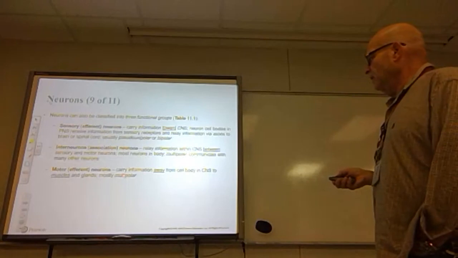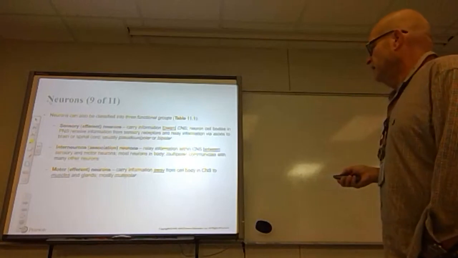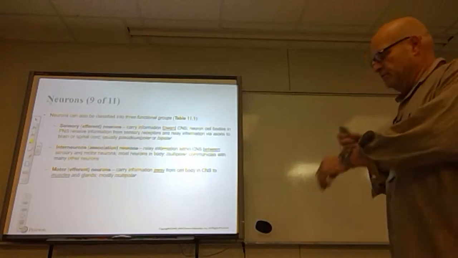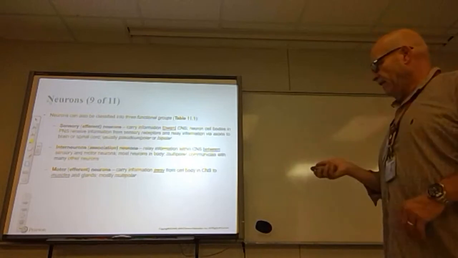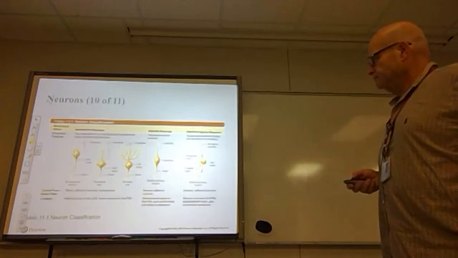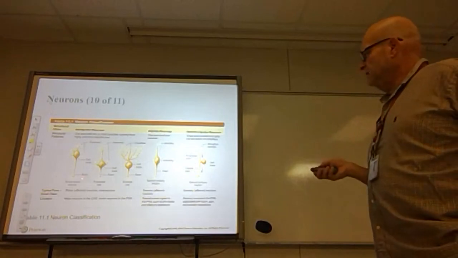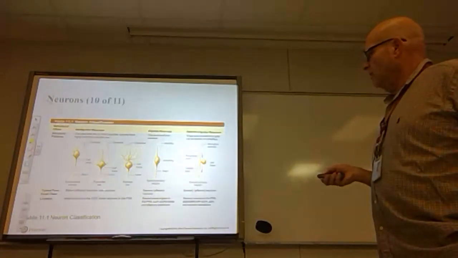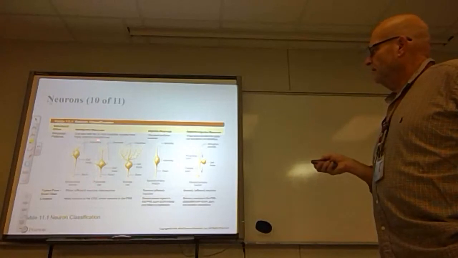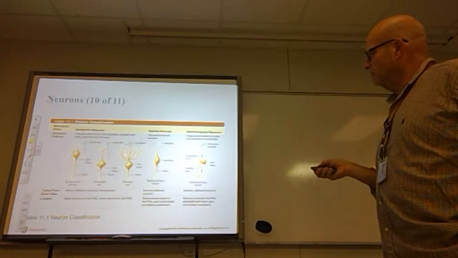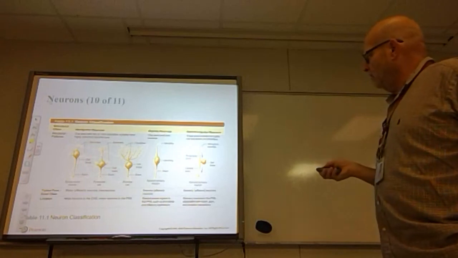And the motor or efferent neurons carry information away from the cell body in the central nervous system to the muscles and glands, and these are mostly multipolar. So there we have the different types. These are our motor neurons, multipolar neurons. You see one axon coming off each one, but multiple dendrites coming off. Here is the bipolar.